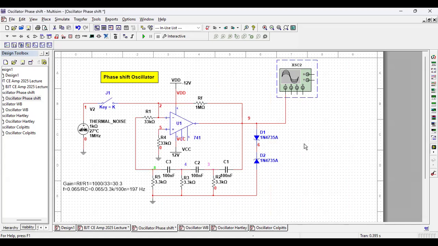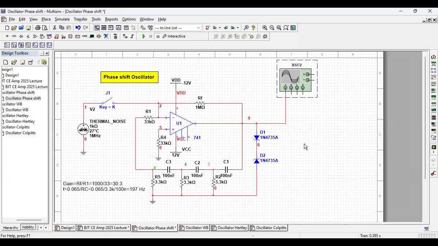And that noise may be a nanovolt noise. That noise is amplified, and that is given a feedback, positive feedback, which is again amplified. And again, there is a positive feedback, which is again amplified. So within a fraction of microsecond, your oscillator starts generating the output, but you do not know that it has started due to the environmental noise.